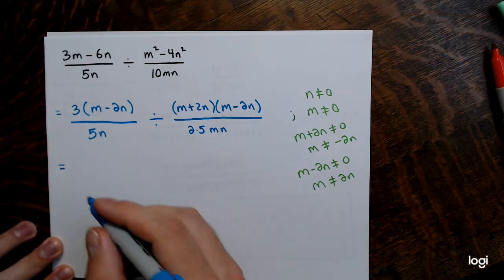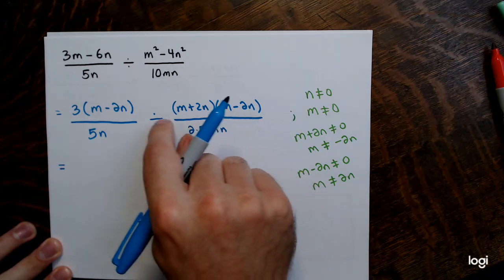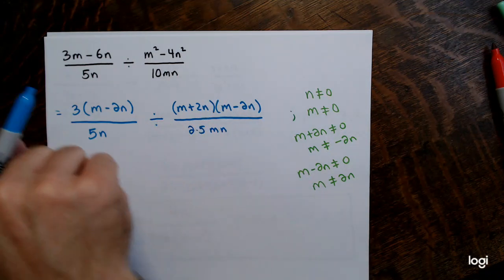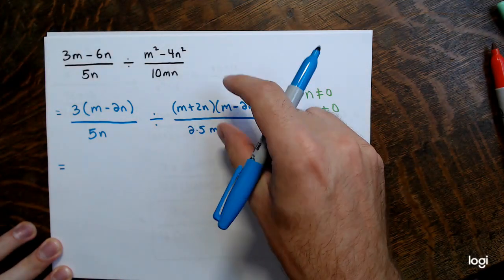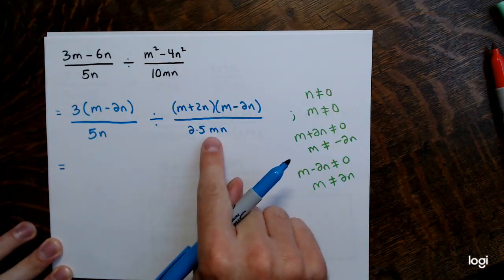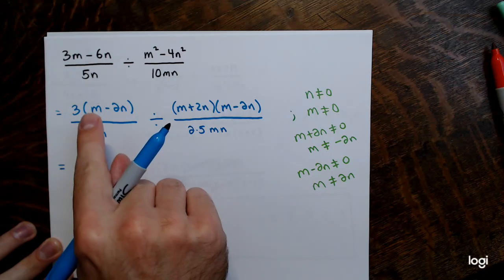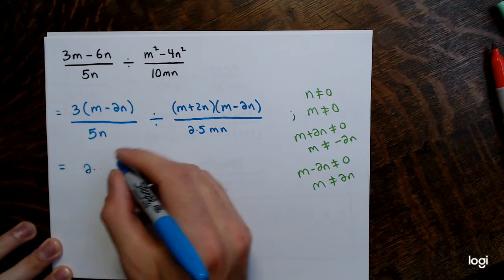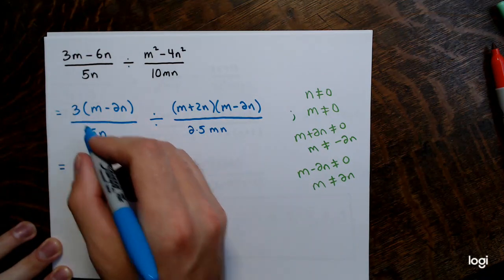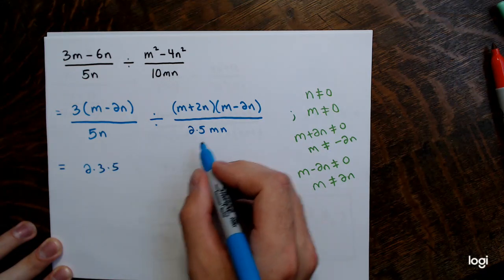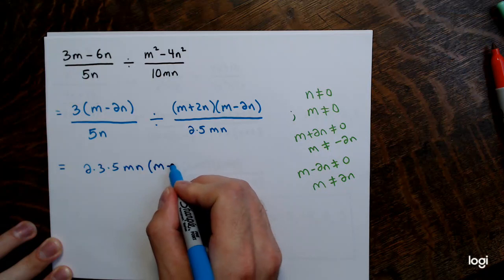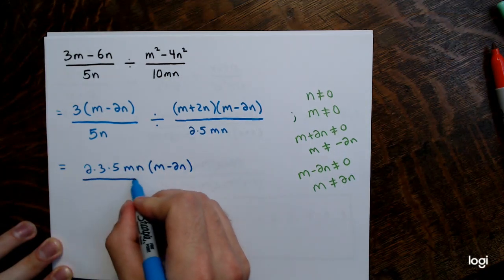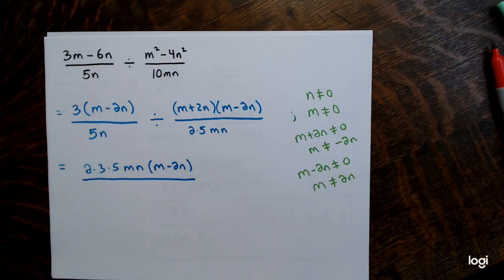Alright, so now I'm going to rewrite things where, again, I'm going to kind of skip the rewriting as multiplication step. This is times the reciprocal of the divisor. So these factors will go in the numerator with these factors. So I'll have 2 as a factor, 3 as a factor, 5 as a factor, and then m, n, and m minus 2n, all in the numerator when I change it into a multiplication problem.